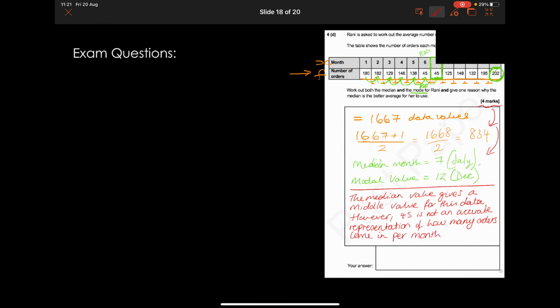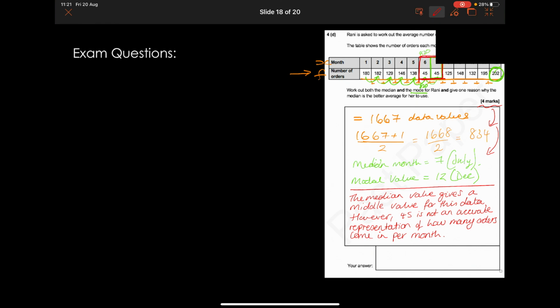Okay, because if you look at it, you get quite a lot more than 45. There's only those 2 months where 45 is actually a value. If anything, it's between 125 and 100 and 200 that is a better idea. 45 is quite low because all of the other months are higher than that.